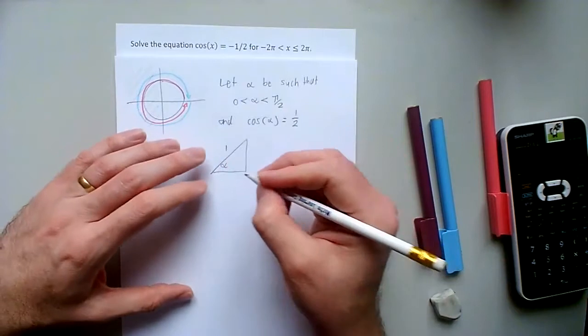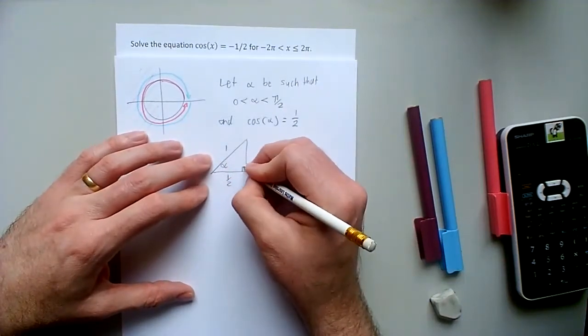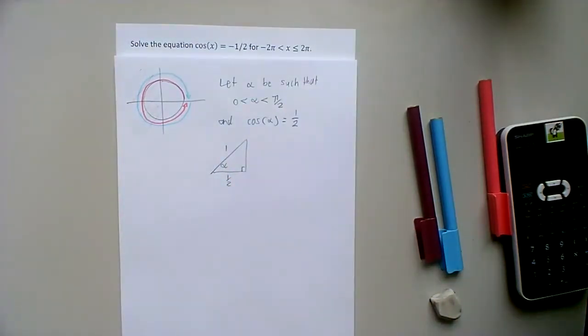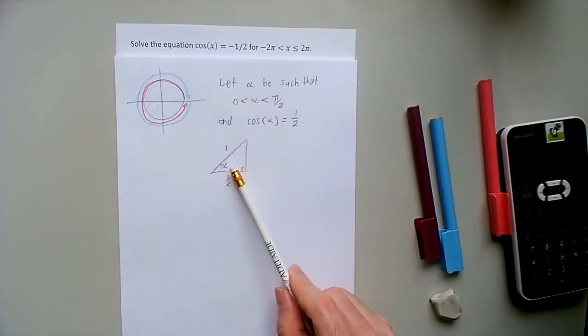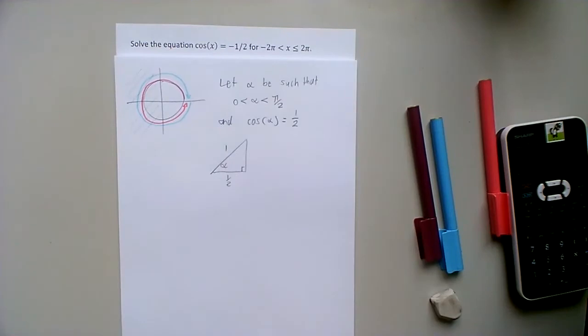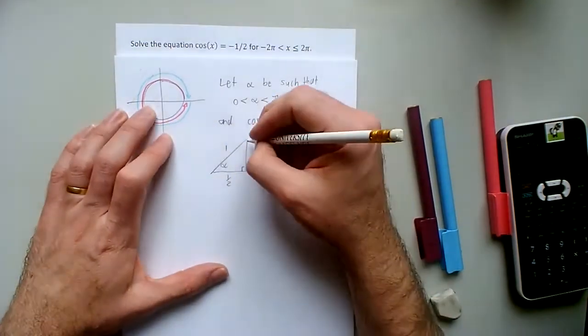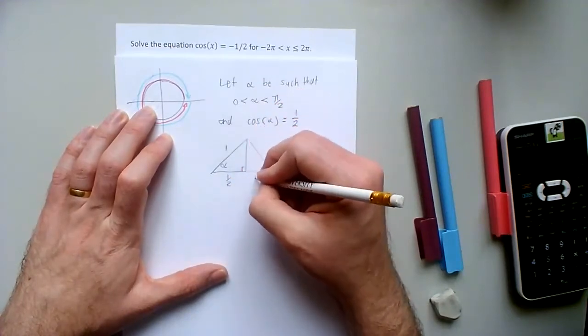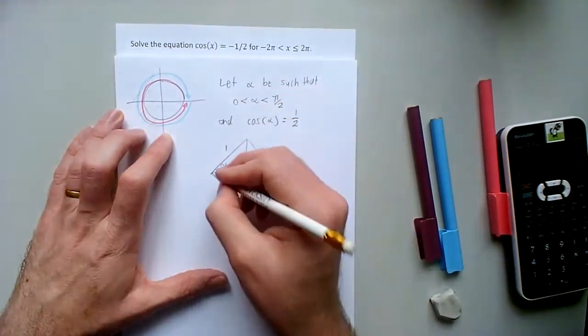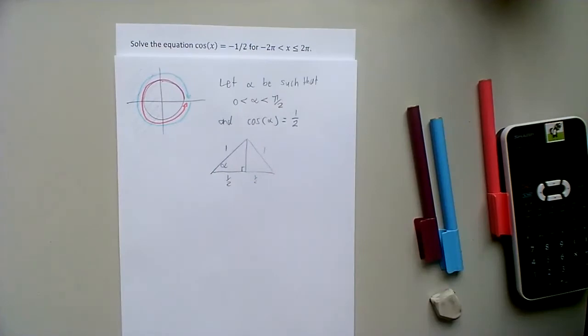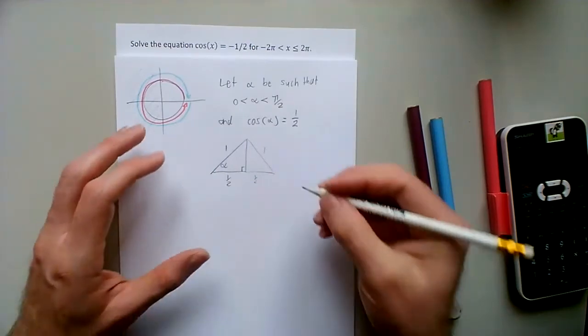So if I put a 1 there and a half there, then that's what alpha is. Like cos is the adjacent side. And look, this is half as long as that. So if I glued them together, then I'd have 3 sides all equal and the alpha would have to be 60 degrees, so pi on 3.